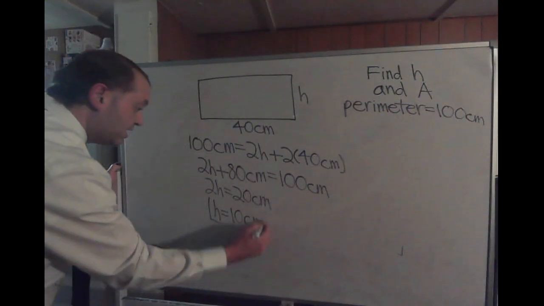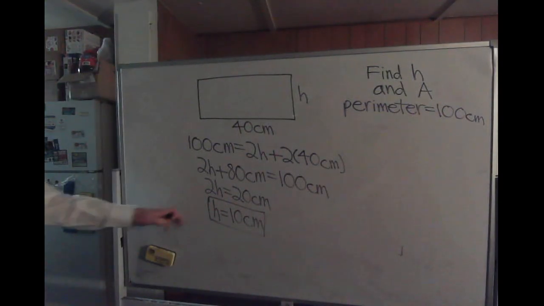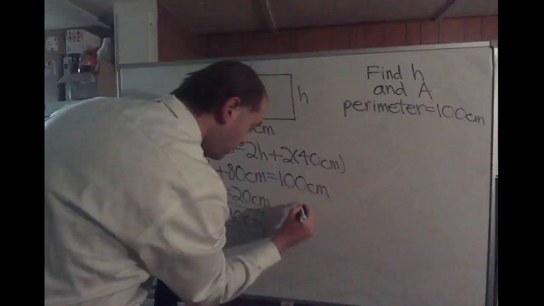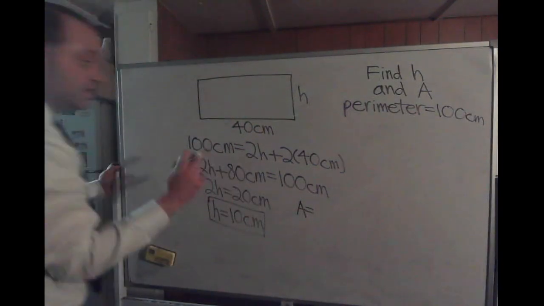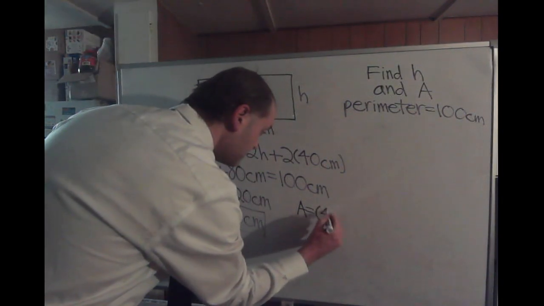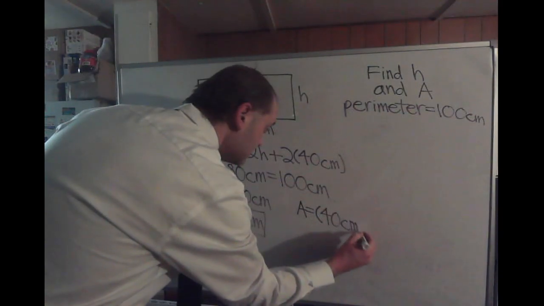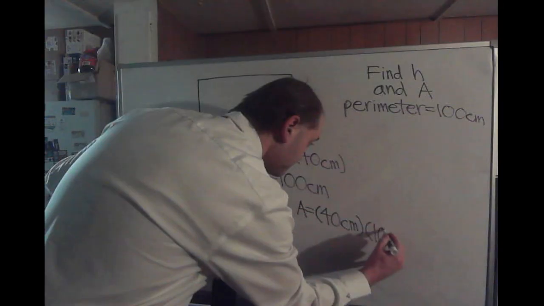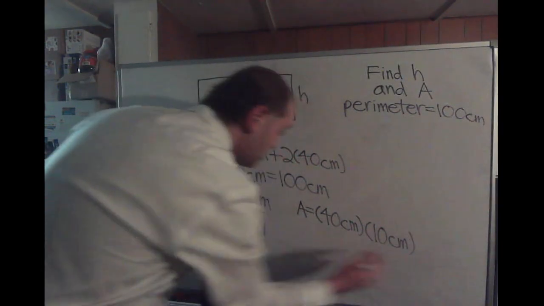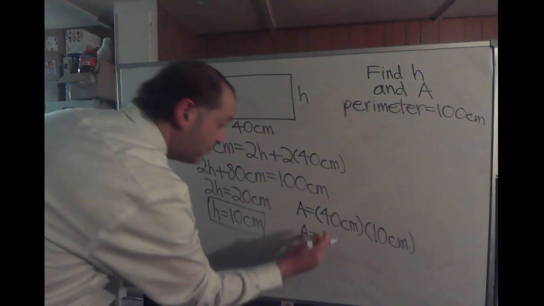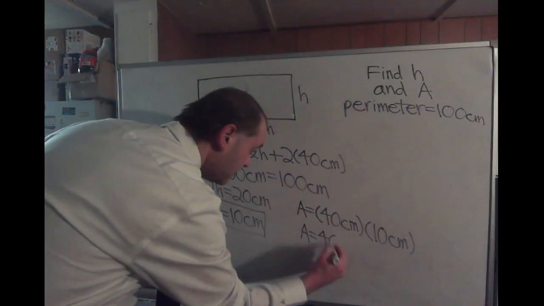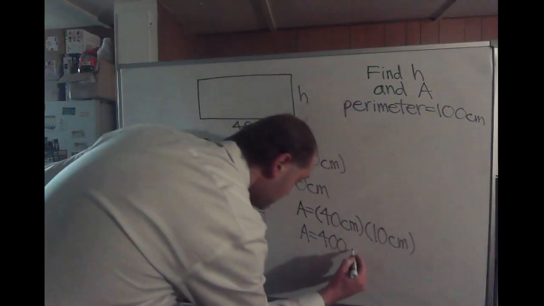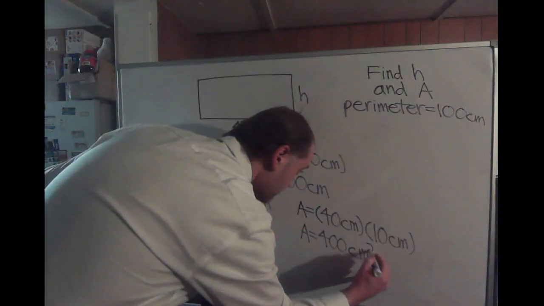So now we have found the height to be 10 centimeters. Since we now know the height, we can go ahead and solve for the area. The area is nothing more than the length of the base, which in this case is 40 centimeters, times the height, 10 centimeters, which then means that the area, 40 times 10 is 400, and then centimeters times centimeters is square centimeters.